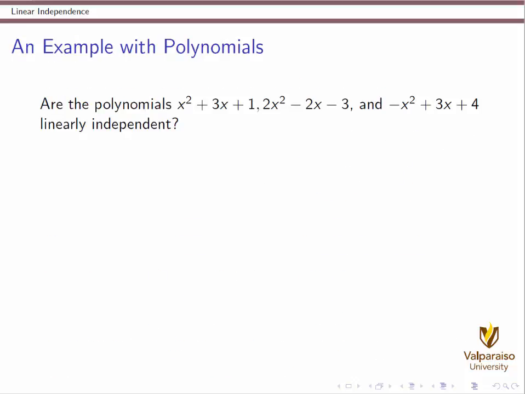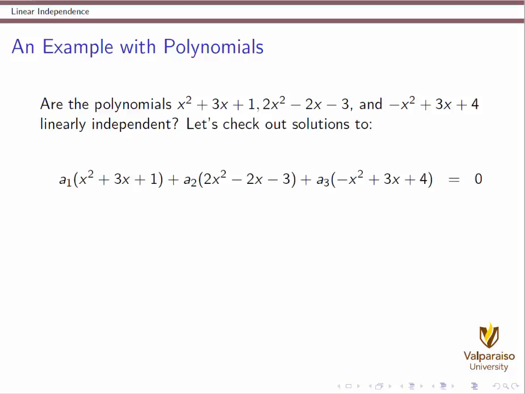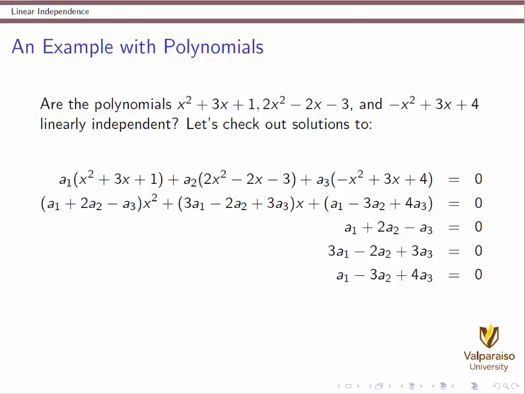Let's check if these polynomials are linearly independent. Again, to do that, we're going to build a linear combination of them and ask, what does it take for this to return the 0 vector in this space? Now in this space, the 0 vector would be 0x squared plus 0x plus 0, right, which is just 0. So here's what the linear combination looks like. To see what it takes for that to make 0, we have to collect the coefficients of x squared, x, and the constant term and make sure all of them turn into 0.